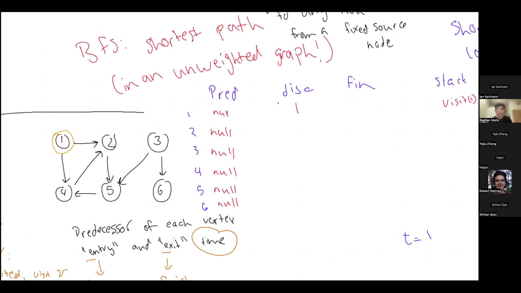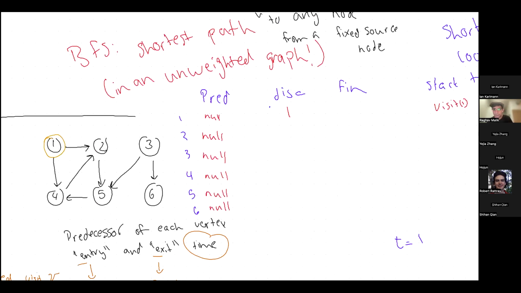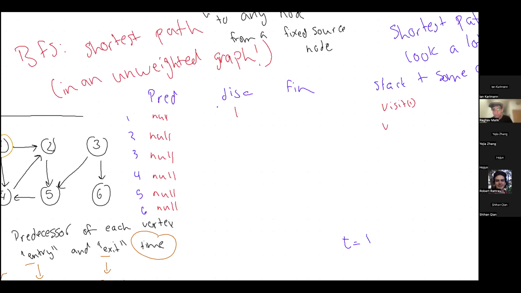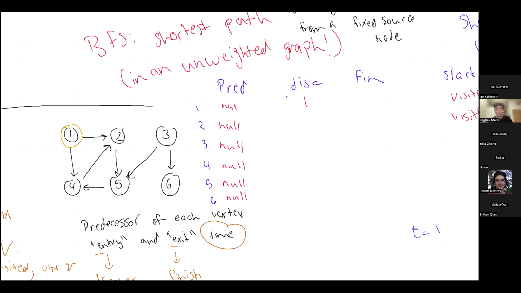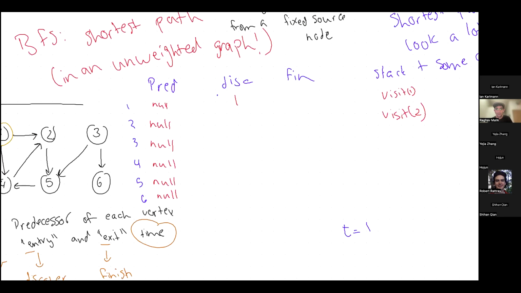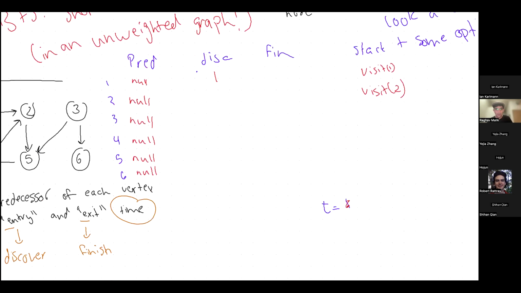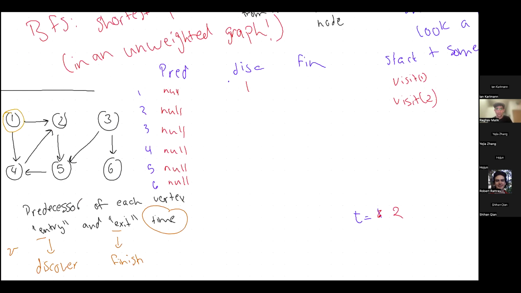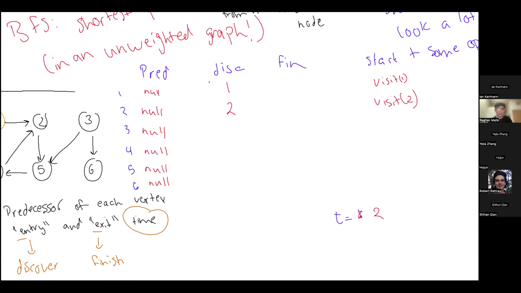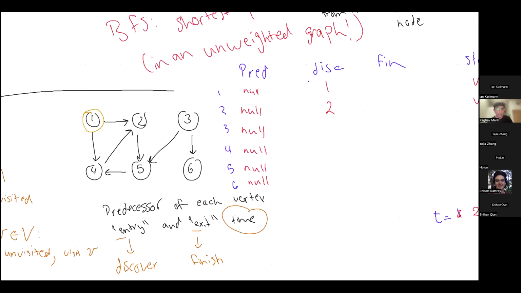So maybe we start by visiting 2. We're visiting 2, which means time is now 2. So I set the discovery time to 2, and then I set 2 as being in progress. I'm going to circle it in yellow. Then I look at all of its adjacent vertices.